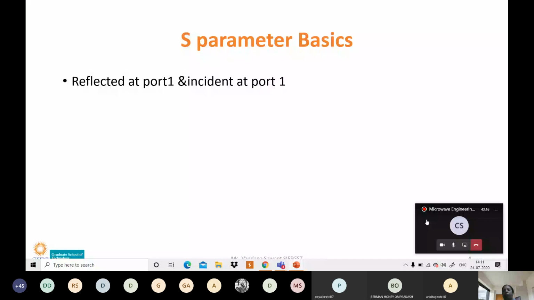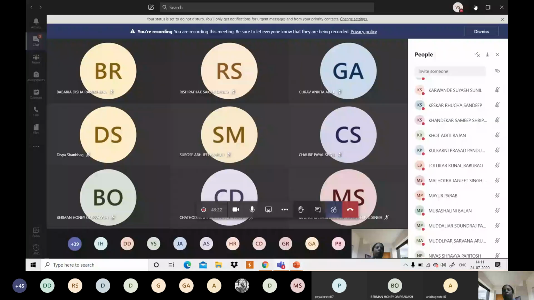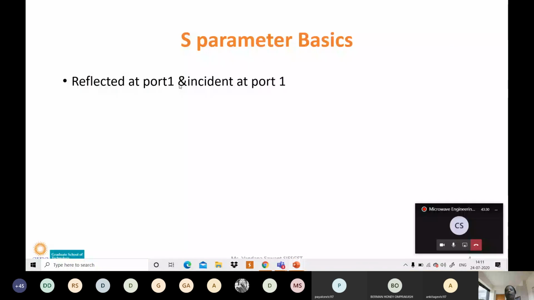Okay, fine. Now I want to write the S parameter for this situation. My wave is reflected from port 1 and is also incident at port 1. How can I write the S parameter?